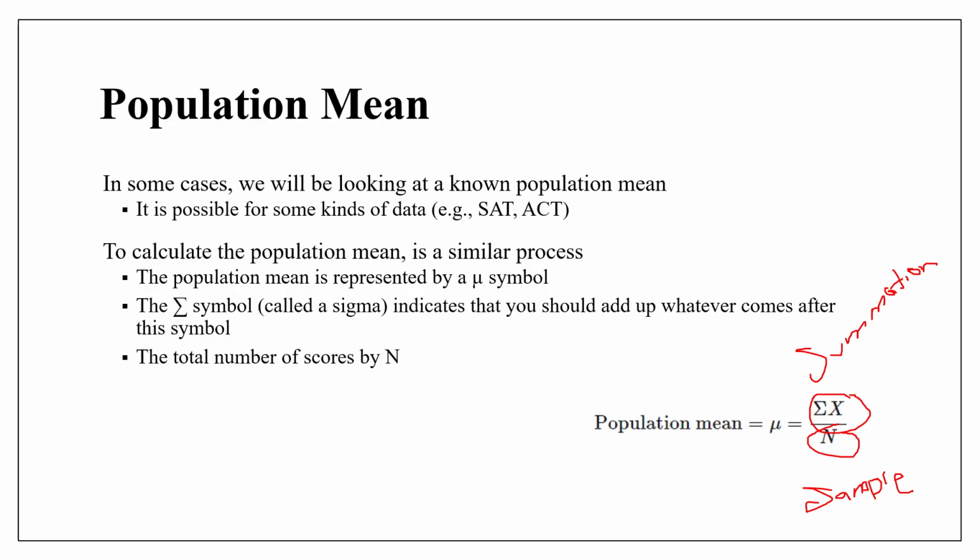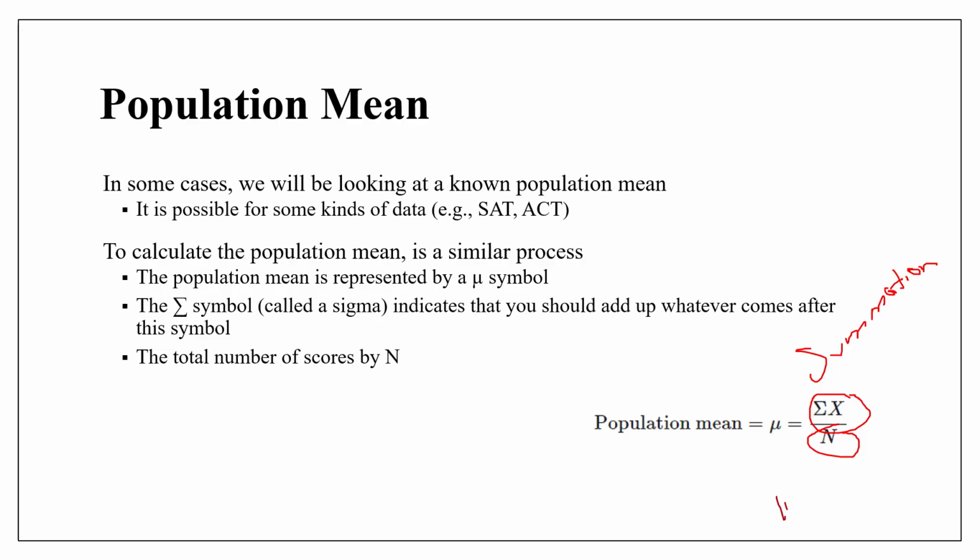Whereas, as we saw earlier for the sample mean, this is a lowercase n indicating the total number of people in the sample. So actually, this would be again, the population. Technically, it's not a sample, but it's referring to the number of people that we have observations.